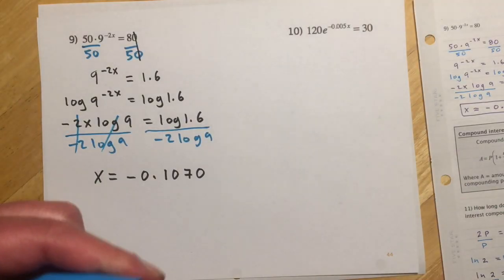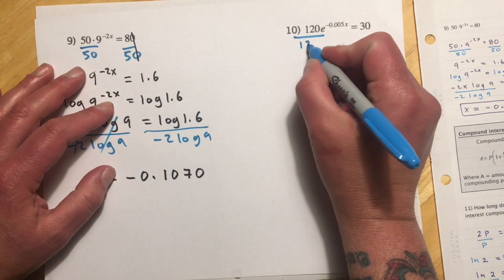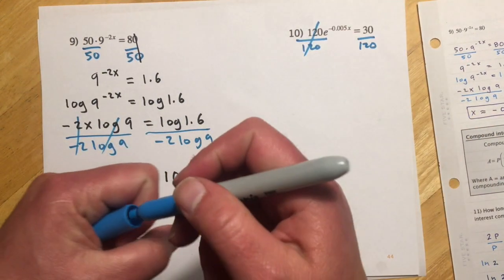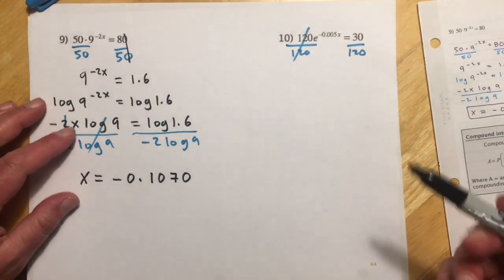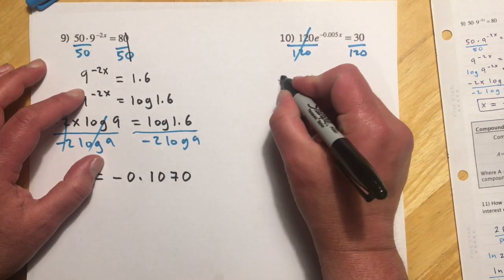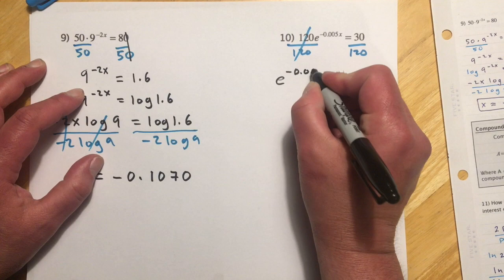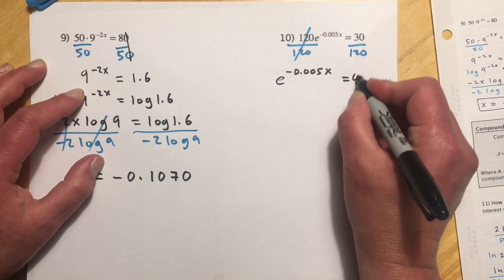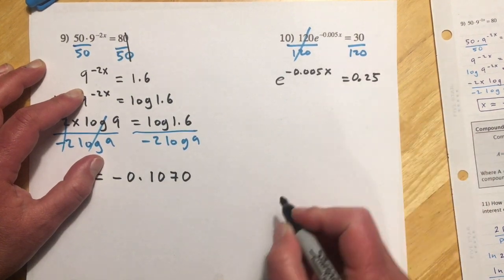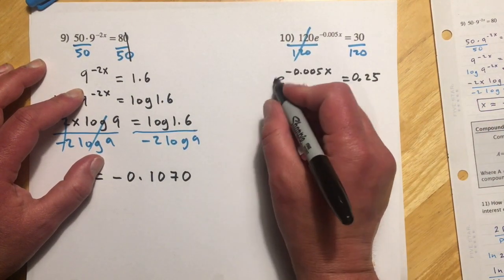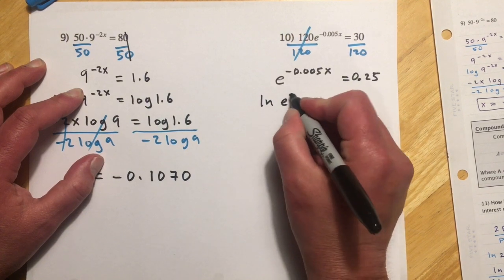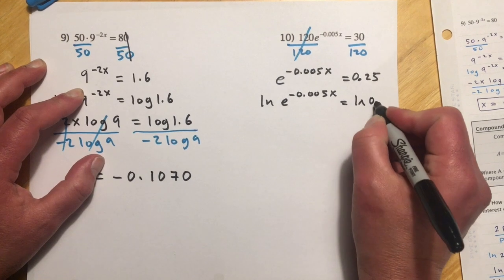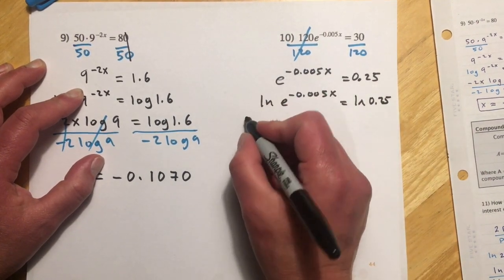So we'll get this 120 out of the way. So that cancels. And then I'm going to have e to the negative 0.12 and then 5x equals 0.25. And then I can natural log both sides since I have an e. And I can bring this down front.